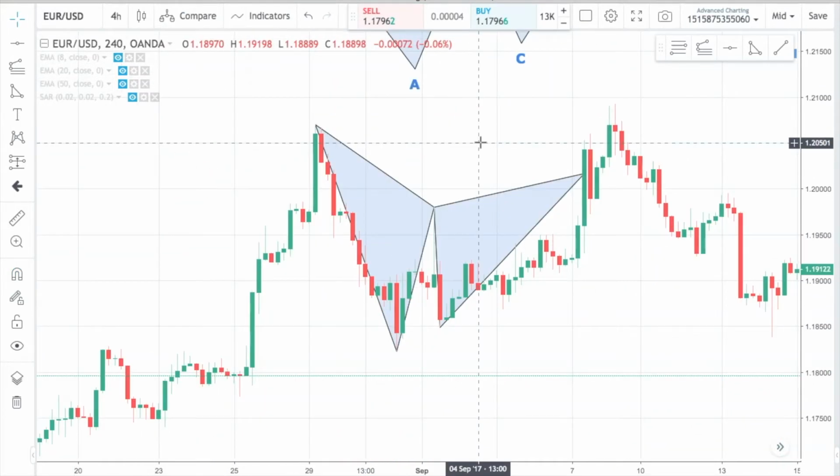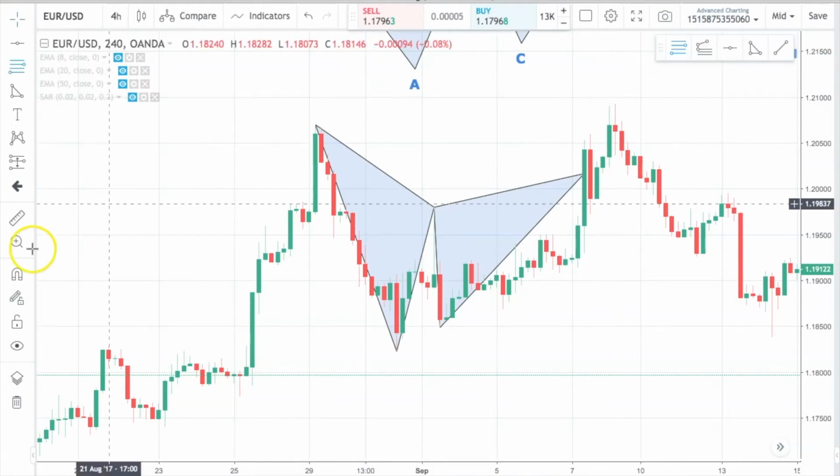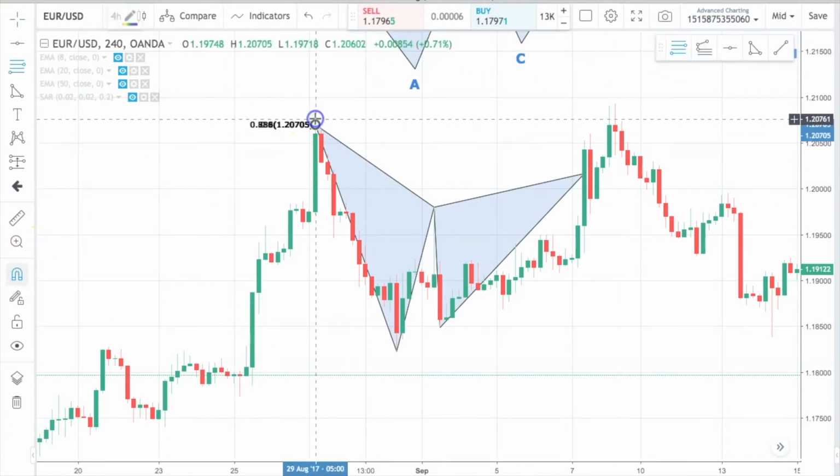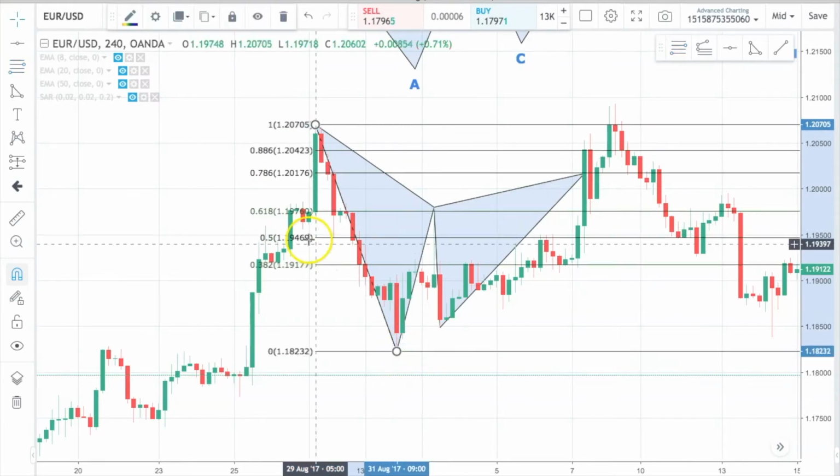So you can see right here we got a nice little bearish Gartley. Let's go and draw some retracements on. We got our initial anchor, X to A, right here. Price action came up, touched the 618, but did not touch the 786. That is valid for our first leg.